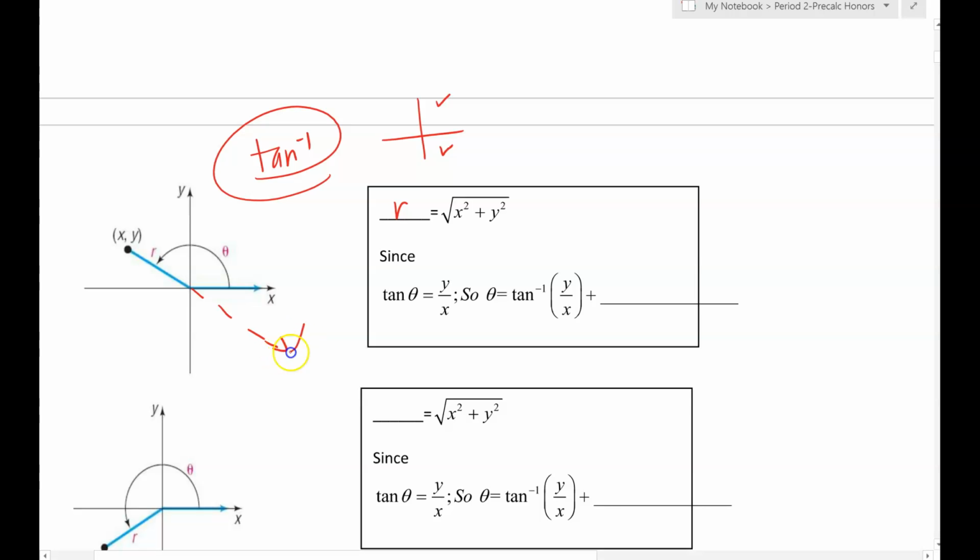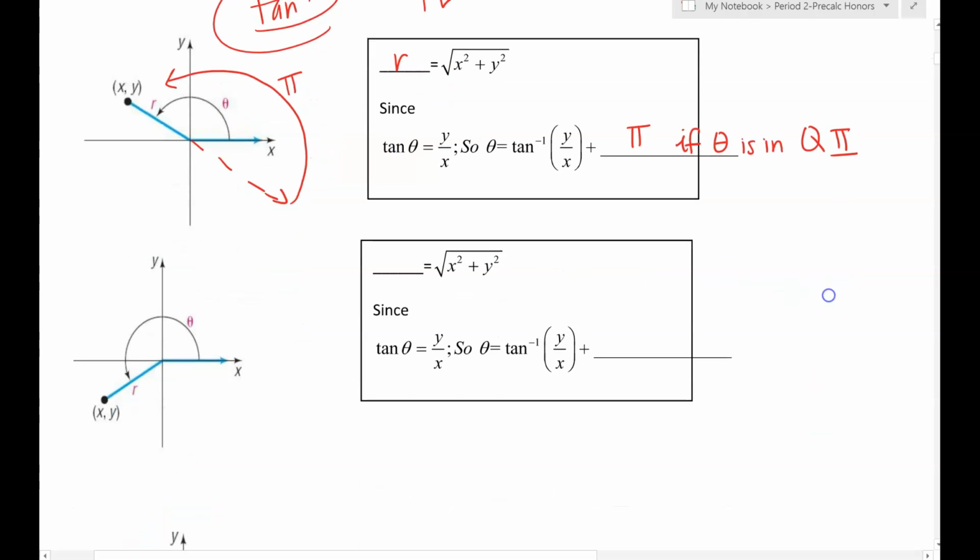How do we get from quad 4 to quad 2? We add half of a circle, which is we add pi, if theta is in quad 2. So we add half a circle if our original point is in quad 2.